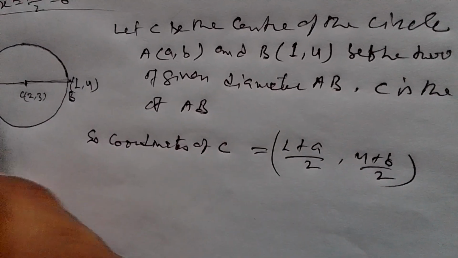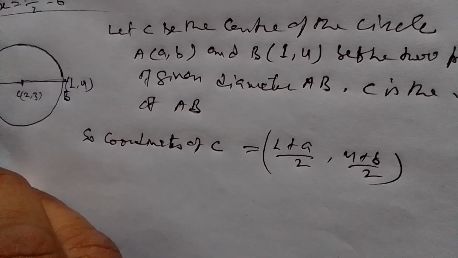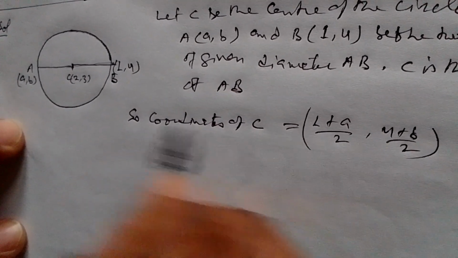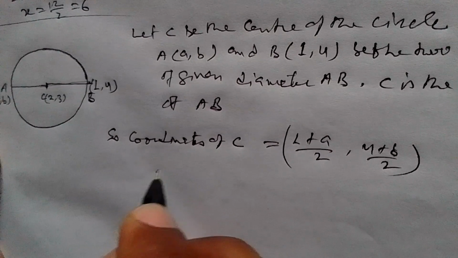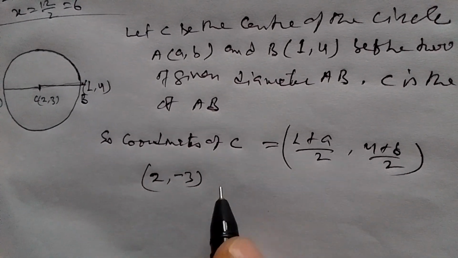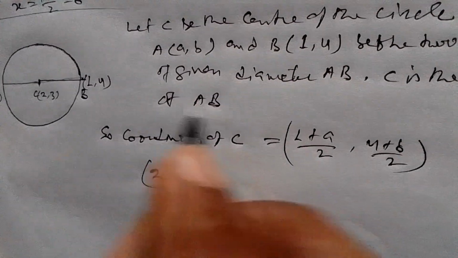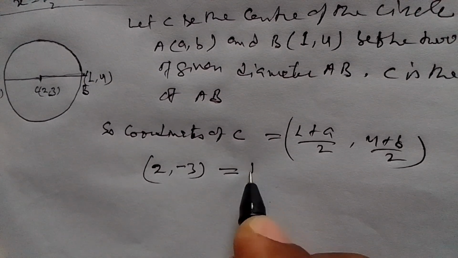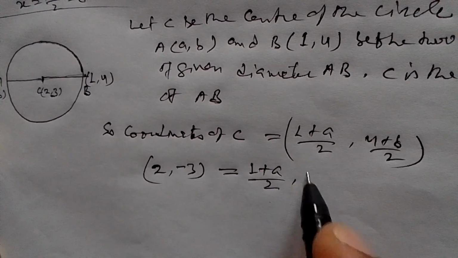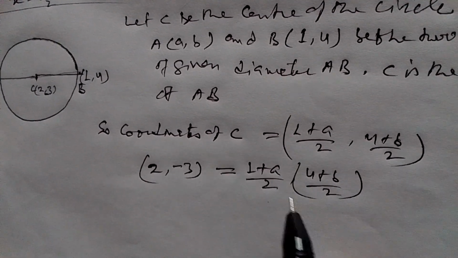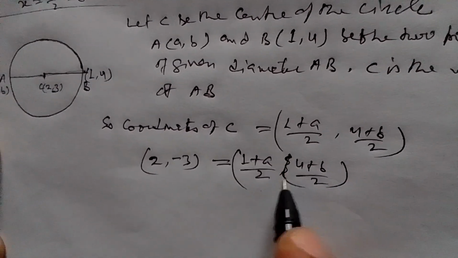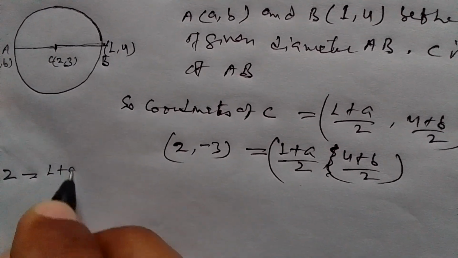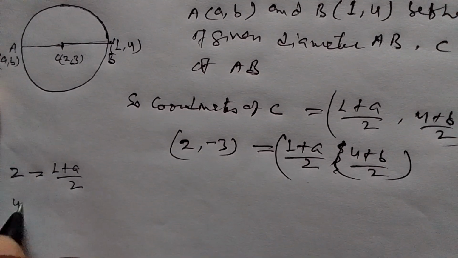So the coordinates of C equating to the coordinates from points A and B, it comes out to be (2, minus 3) is equal to (1 plus a) divided by 2 comma (4 plus b) divided by 2. So equating the first, the x coordinate 2, to (1 plus a) divided by 2. So 2 times 2, that is 4, is equal to 1 plus a.